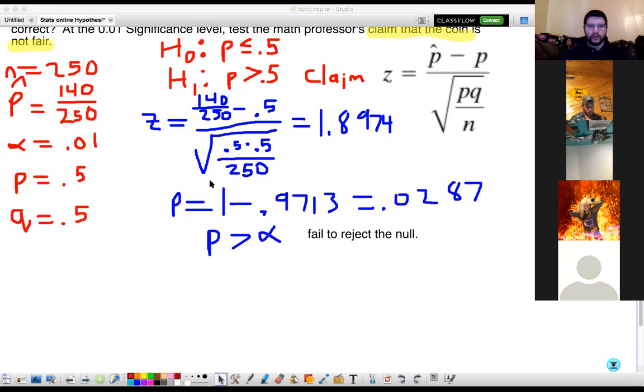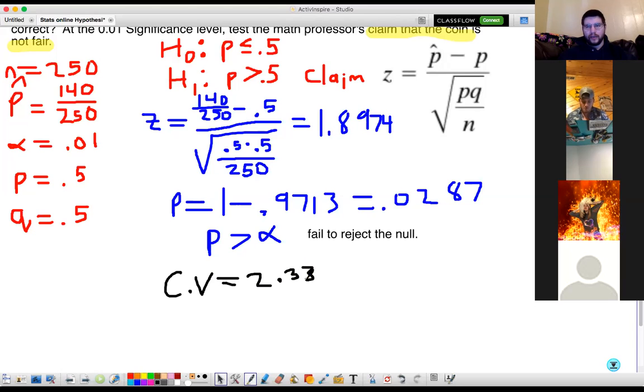Okay, right here is the closest one I'm going to get. 2.33. So the critical value is 2.33. It's a right tail, so we just have one critical value, and it's the positive one.